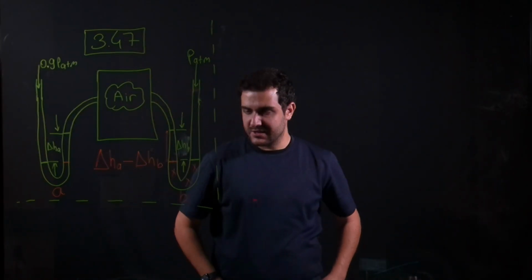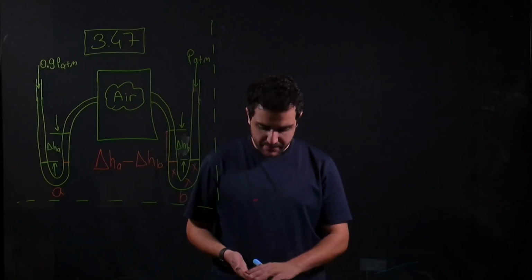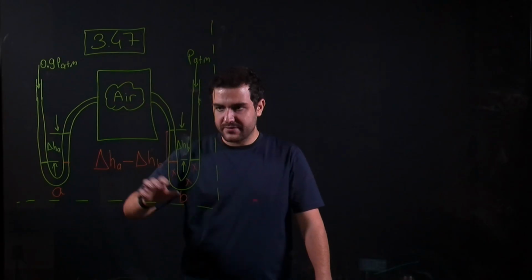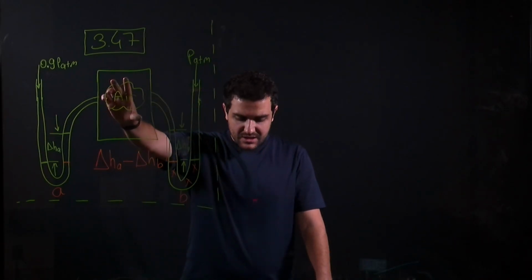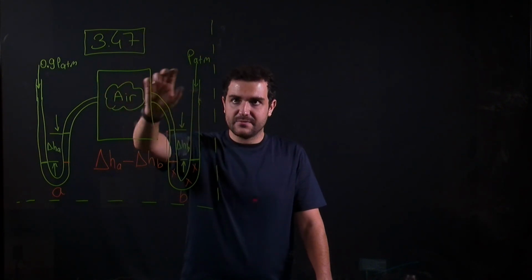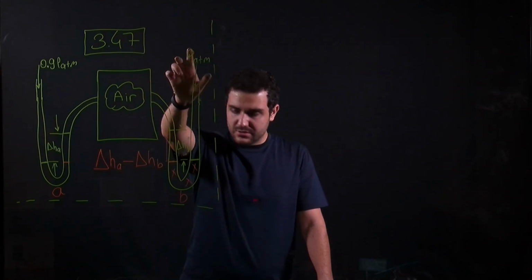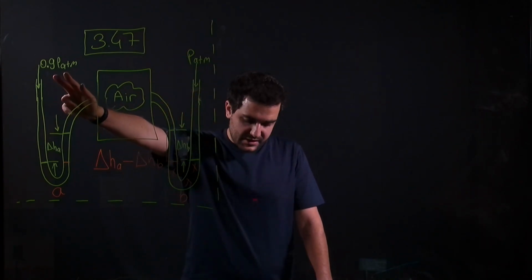But still, I want to read the question. We have two manometers connected to a tank of air. One leg of the manometer is open to 100 kilopascal pressure, which is absolute, while the other leg is subjected to 90 kilopascal, which is here.